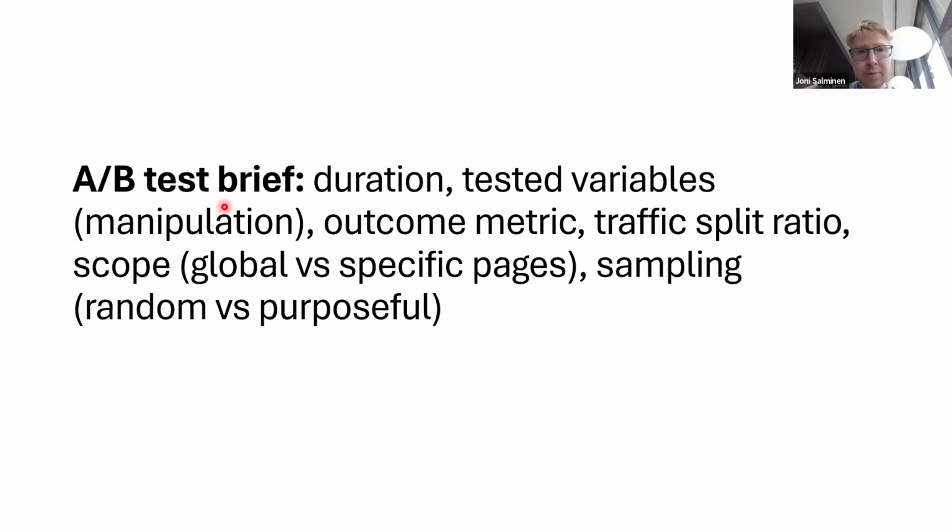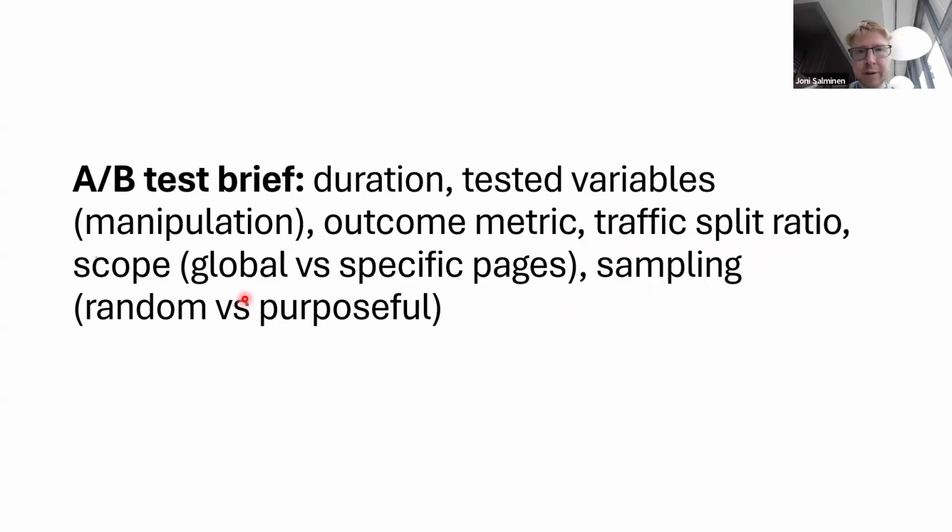Yeah, so things to design or to decide in A/B testing: how long the test is going on, what are the variables, what is the experimental manipulation that you do, what is the outcome metric, are you interested in decreasing the bounce rate or increasing the conversion rate, how you split the traffic, whether you do it on the whole website or on some specific pages.